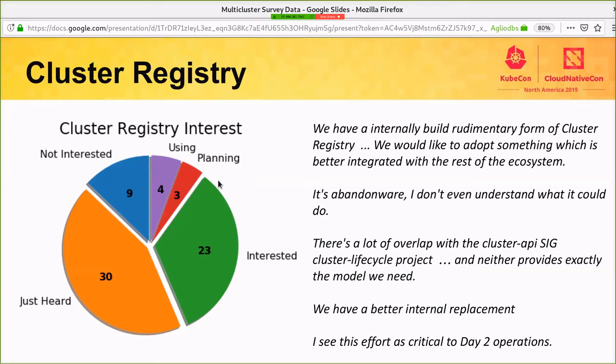Whereas 75% of respondees were like, oh yeah, this looks interesting, but haven't actually done anything with it. That kind of reinforces my expectation, which is that people have heard of cluster registry, but they're not really using it.